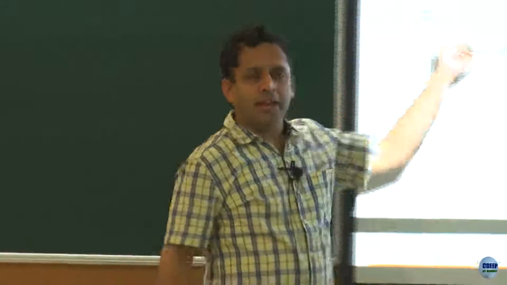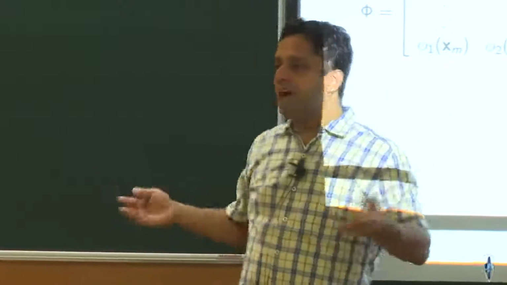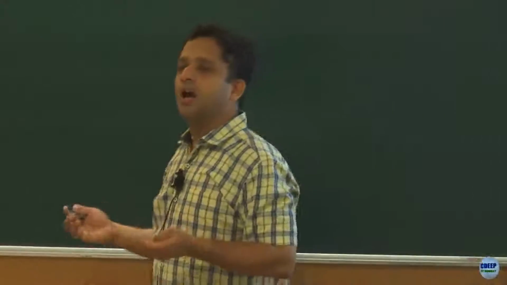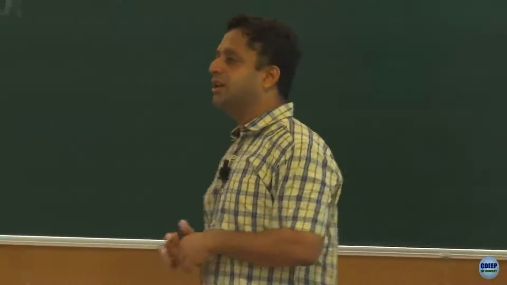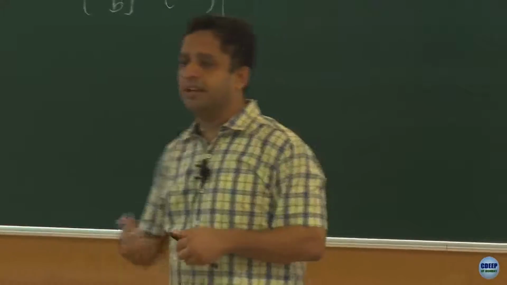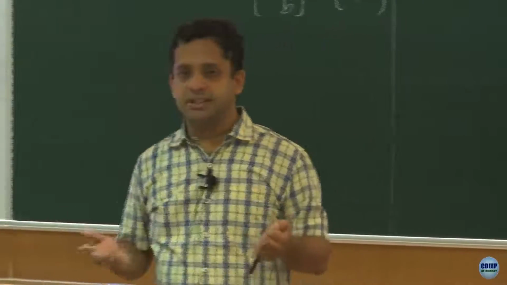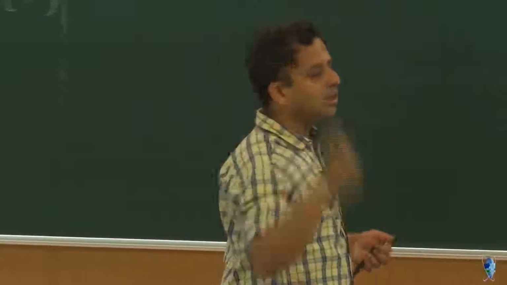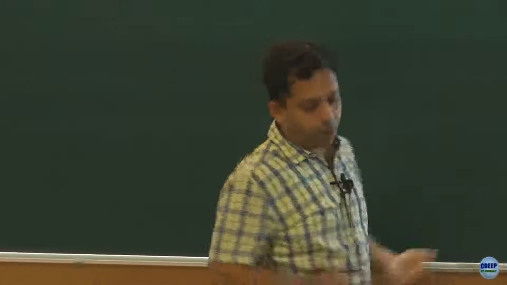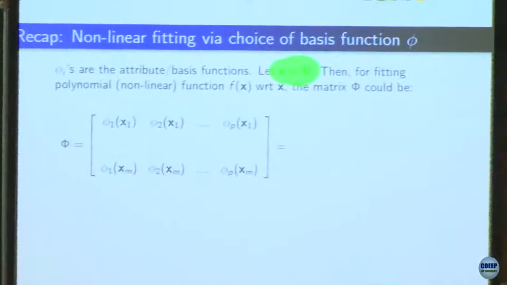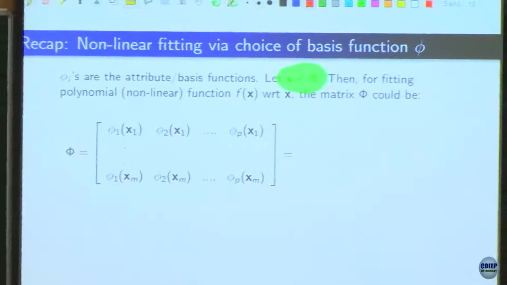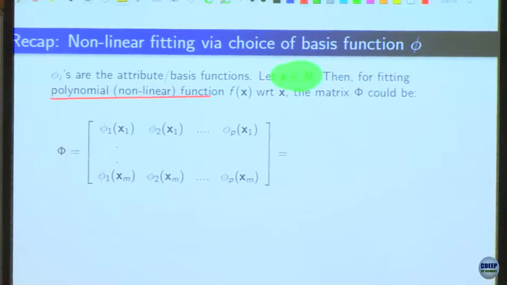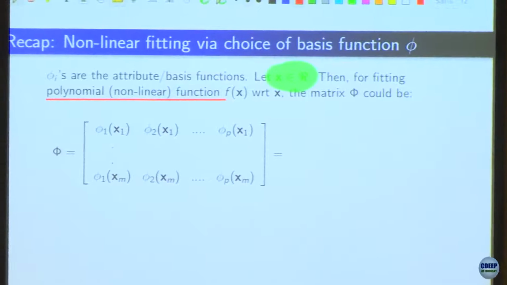And you know that you can get arbitrary levels of precision fit using Taylor series, right? And Taylor series gives you polynomial expansions. So let's say I want to fit polynomial functions. So I'm very specific now. My nonlinear function should be polynomial.